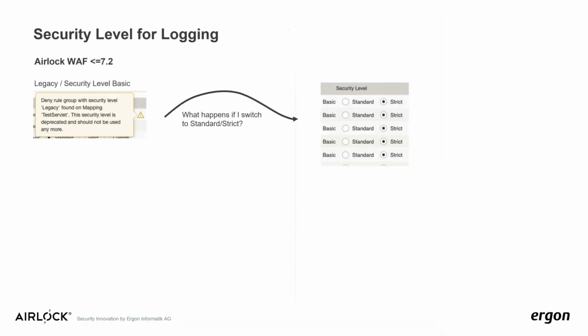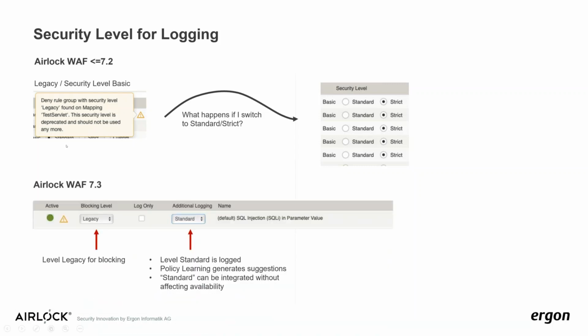Then let's move on to another new feature, which will allow you to change the block levels of deny rules more easily. Up to now, if you had set up a deny rule on a standard setting, it was quite difficult to change it to a strict setting because you needed a complete new integration. What we included now is the possibility that, in addition to the block level, which still remains, it's possible to set up a logging level.